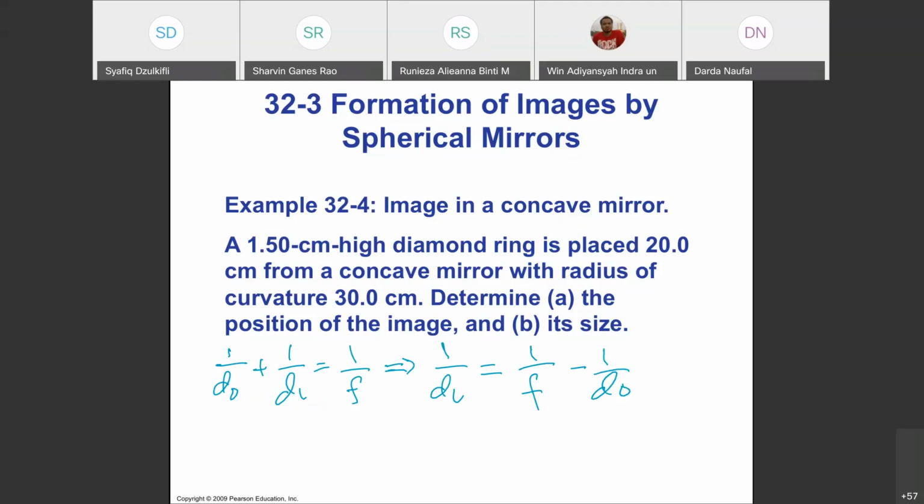The 1.5 centimeter high is HO, the height of the object. The 20 centimeters from the concave mirror is DO. The radius of curvature is 30 centimeters.